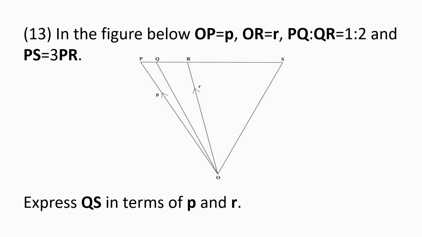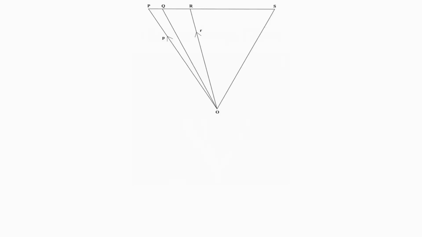Question 13. In the figure below, OP is equal to p, OR is equal to r, PQ to QR is equal to 1 to 2, and PS is equal to 3PR. Express QS in terms of p and r. So that is our figure.